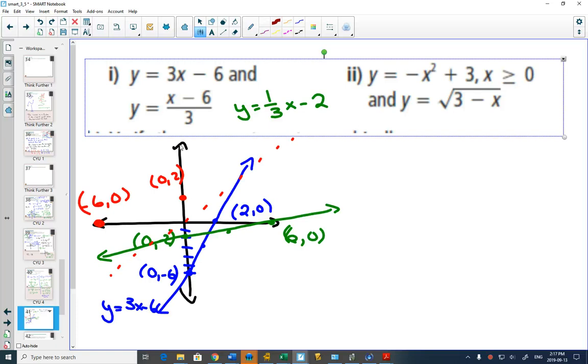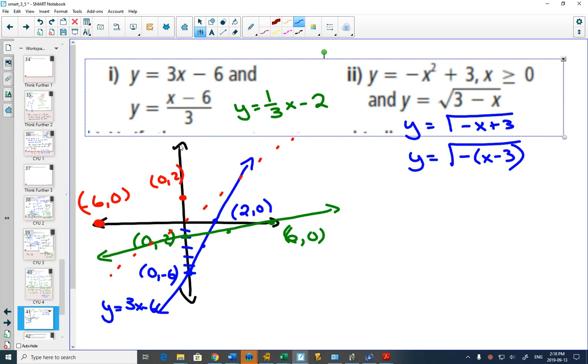I'll leave the verification of part B, where you graph both. The only thing I'm going to help you with in part B is I'm going to rewrite this second equation like this, and then say it is in factored form.